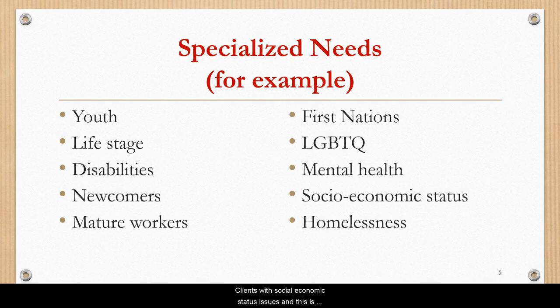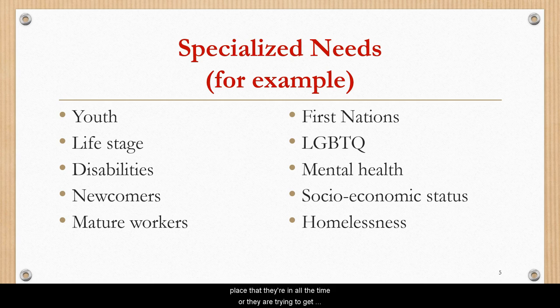Clients with socioeconomic status issues, and this is closely tied to homelessness, but you may have a client who technically is not fully homeless. Perhaps they are living with family members, but maybe they have to couch surf sometimes and they can't stay in the one place all the time.